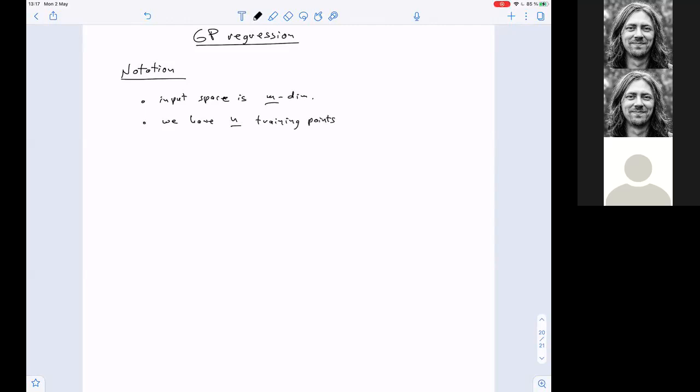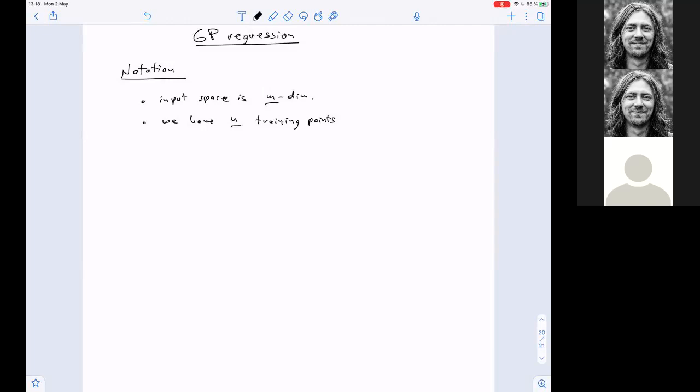I've always found the terminology of training almost misleading in the context of GPs, because it's just the number of points where you know your function.